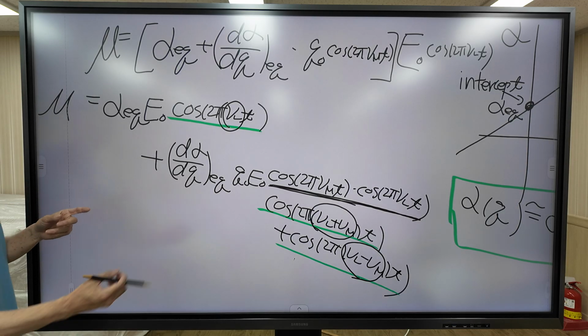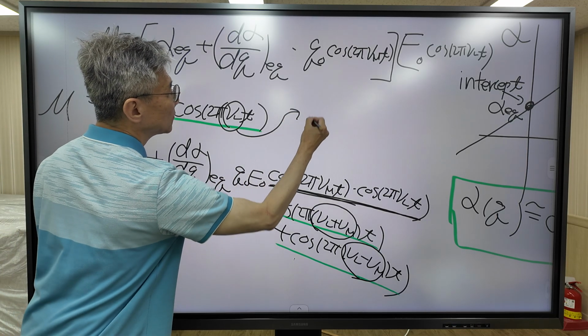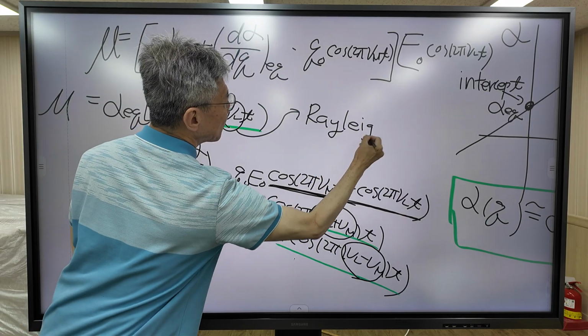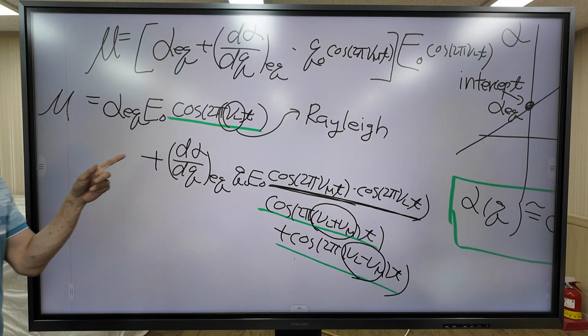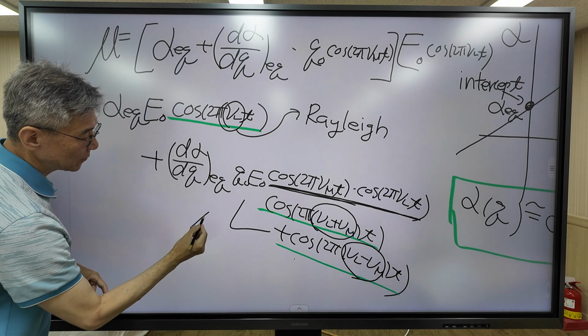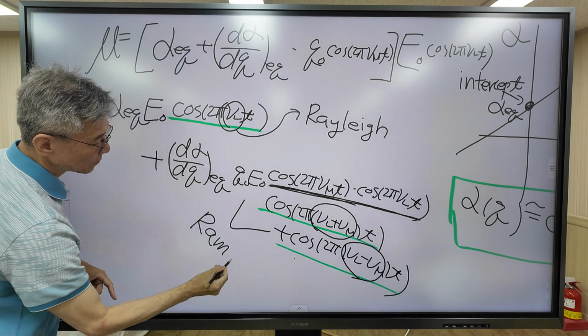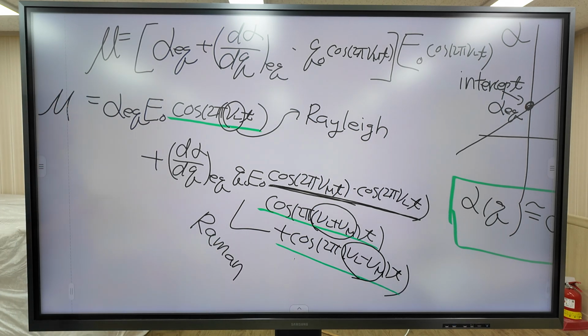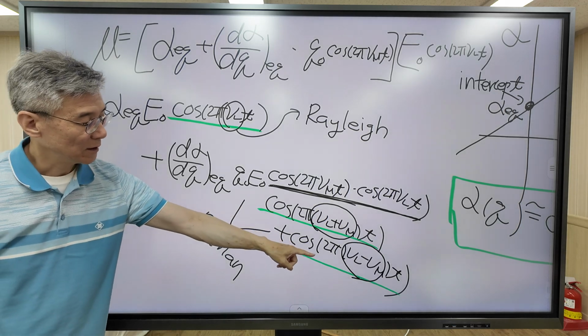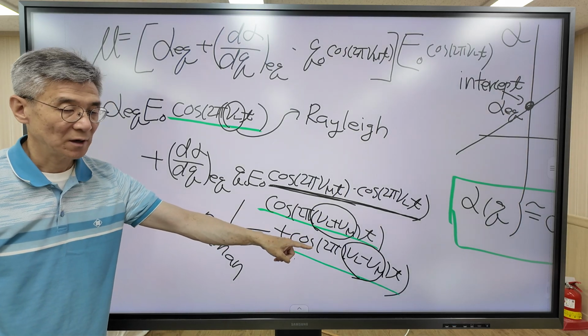As I said before, the first term corresponds to Rayleigh scattering, where the frequency does not change. These two terms correspond to the Raman terms. Especially this term corresponds to anti-Stokes Raman scattering, and this term corresponds to Stokes Raman scattering.